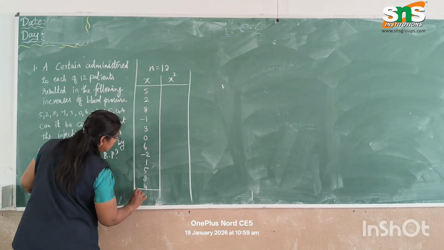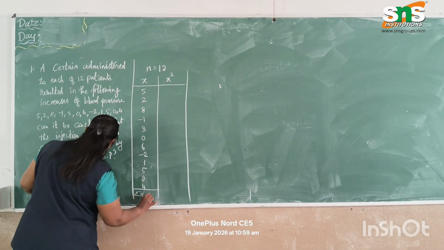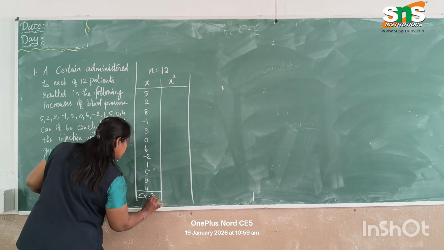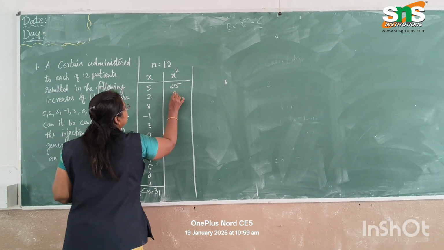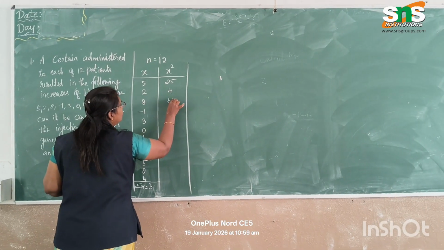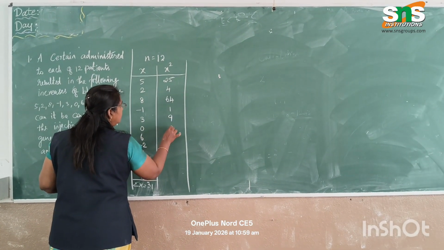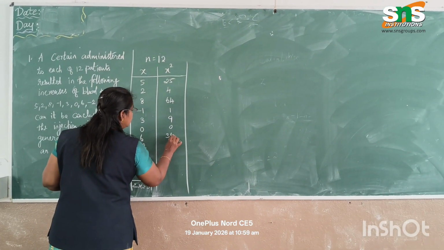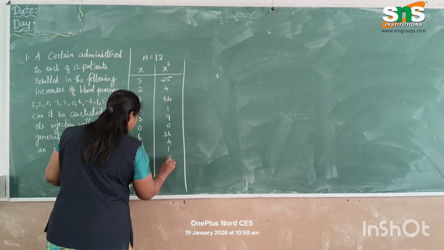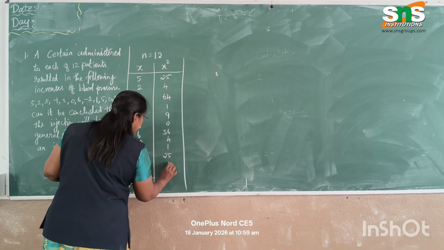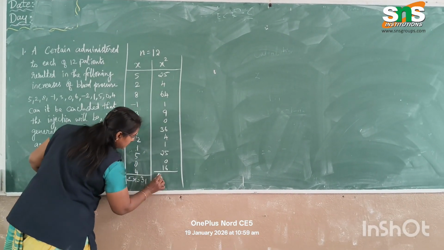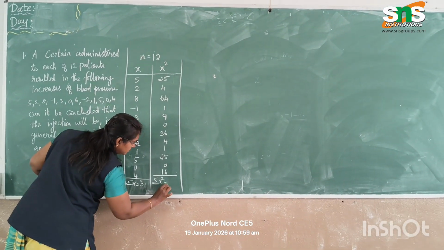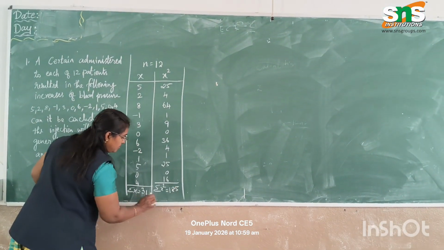The summation of x is 31, and the squares are 25, 4, 64, 1, 9, 0, 36, 4, 1, 25, 0, 16. The summation of x squared is 185.